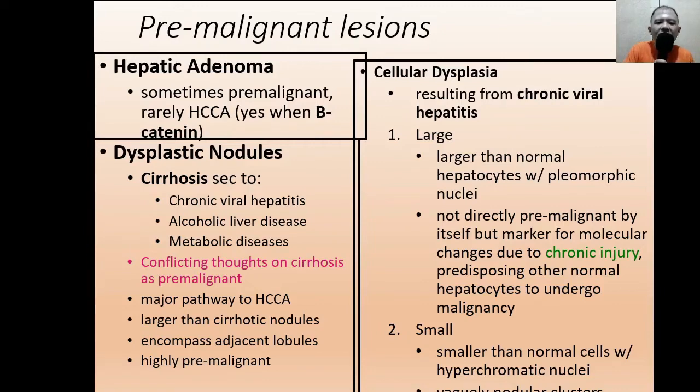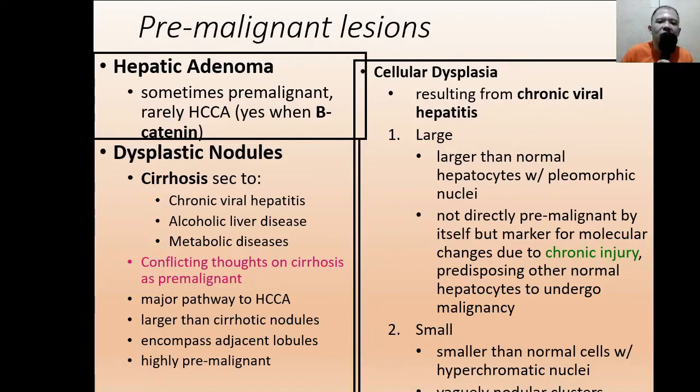Cirrhosis is secondary to the following. Although you have conflicting thoughts on cirrhosis as pre-malignant, because some doctors or scientists claim that cancer can immediately arise from hepatitis. Next is cellular dysplasia.